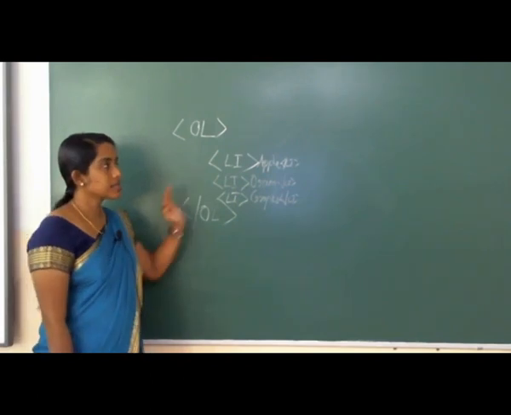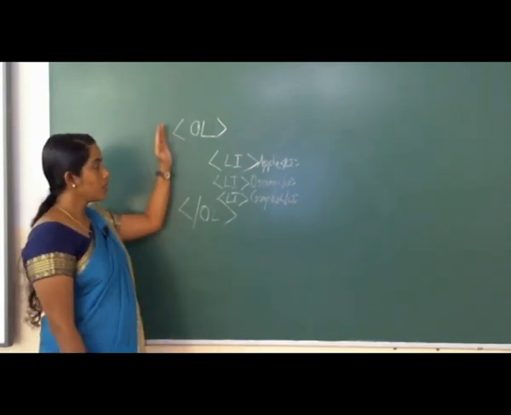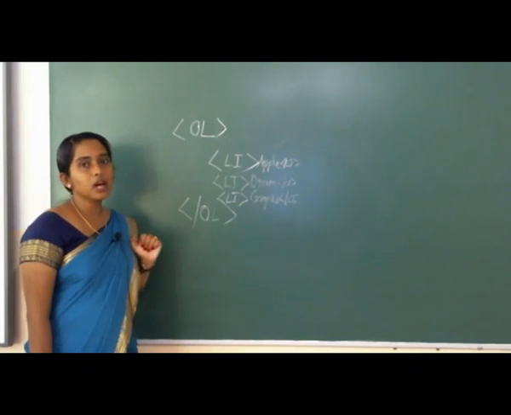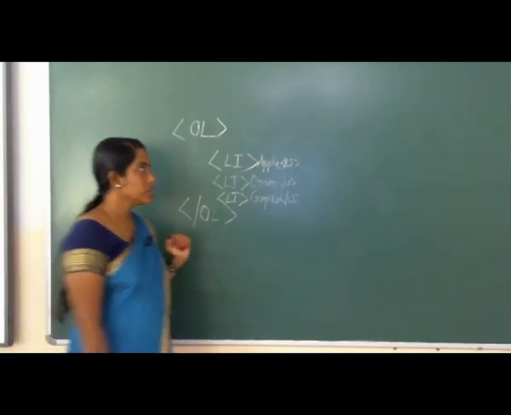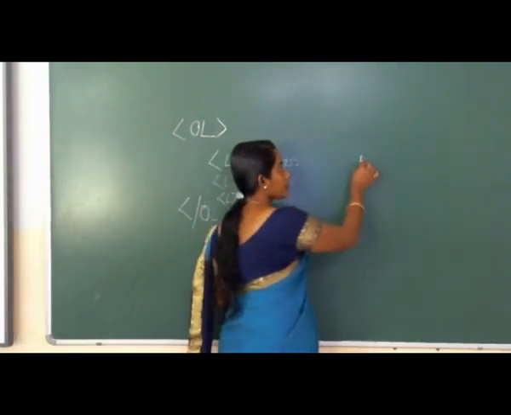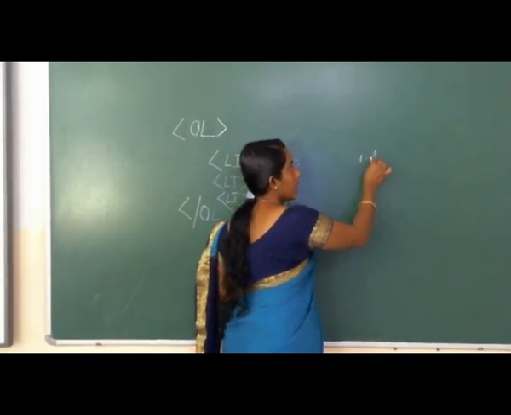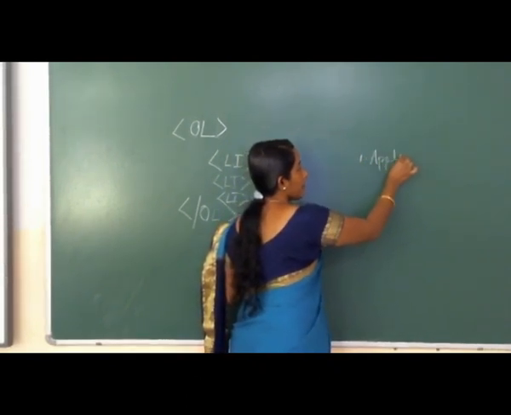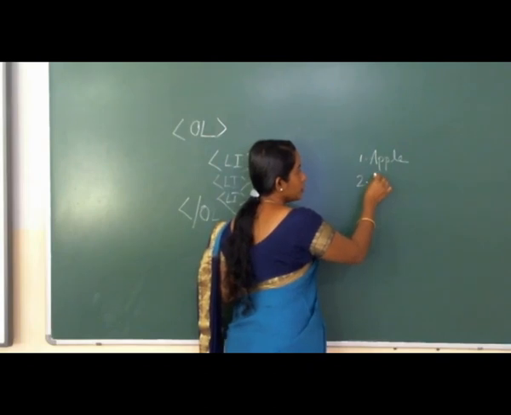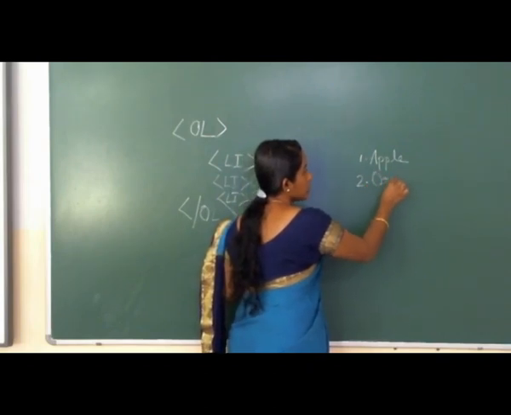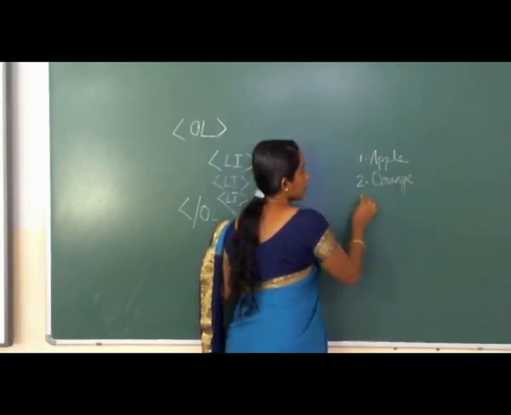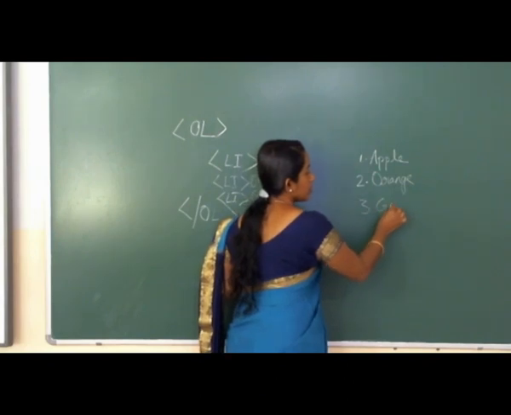Okay, then let's discuss the output. If you give the program like that, what will be the output for us? You can see the output: 1 apple, 2 orange, 3 grapes.